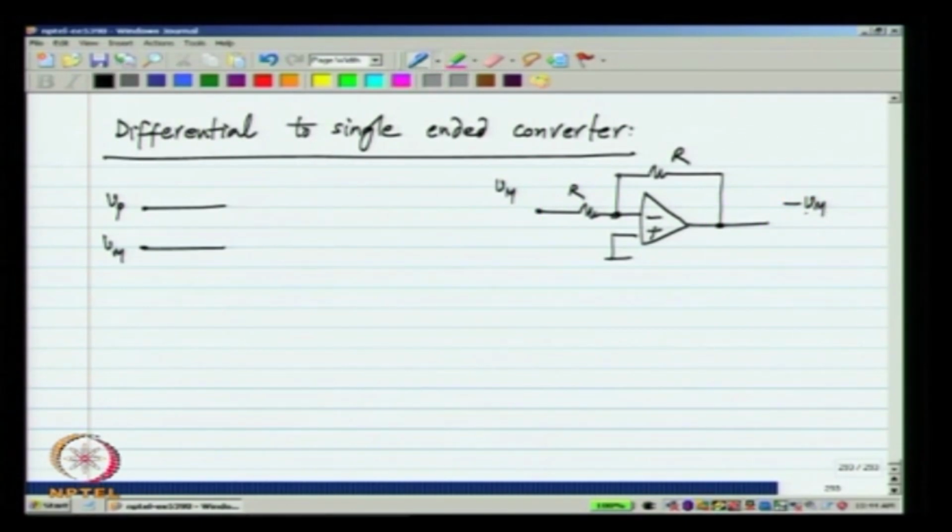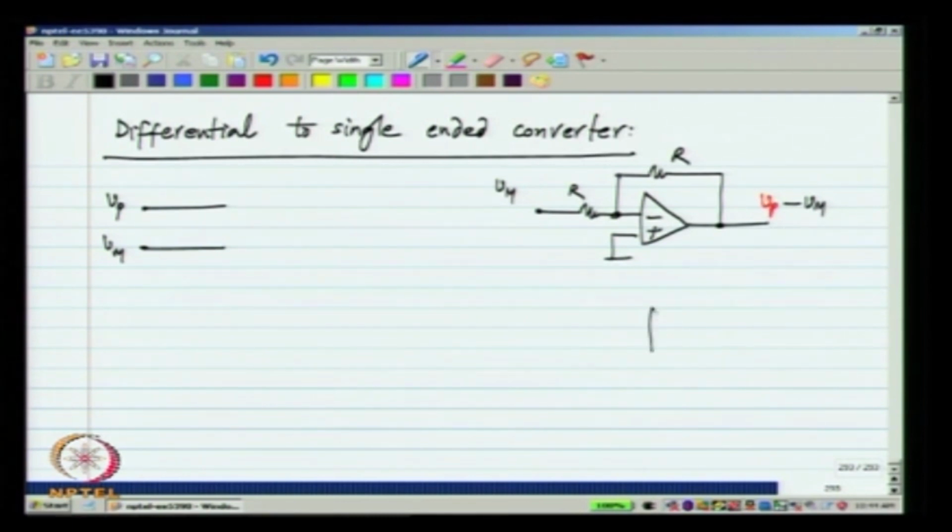Now, what I want is not just this one, but Vp minus Vm, that is Vp must appear with some positive gain. We have also earlier discussed the relationship between inverting and non-inverting amplifiers and how they are really the same circuit, but with inputs applied to different places.